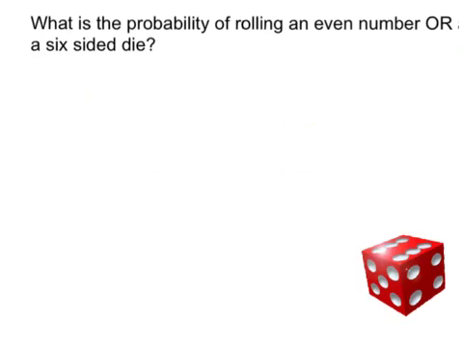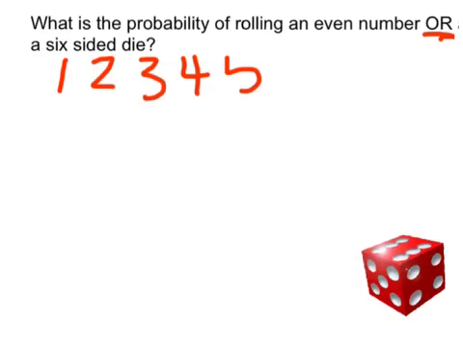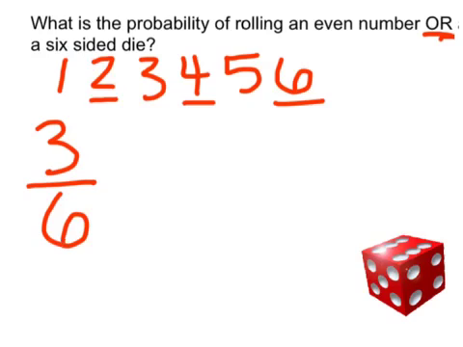Okay, solution for practice problem number 4. We want to know the probability of rolling an even number or a 3 on a 6-sided die. How many ways can we get an even number? 3. Alright, our numbers on the die are 1, 2, 3, 4, 5, and 6. So we have 2, 4, and 6 as our even numbers. So that's 3 out of 6.